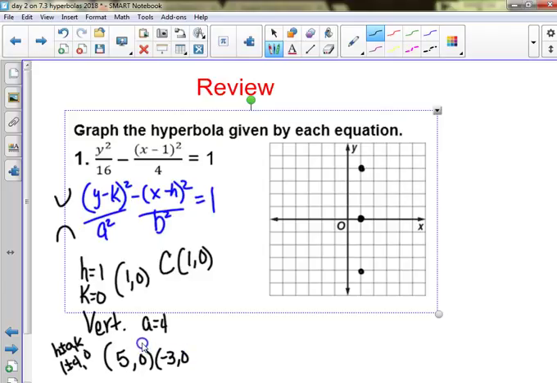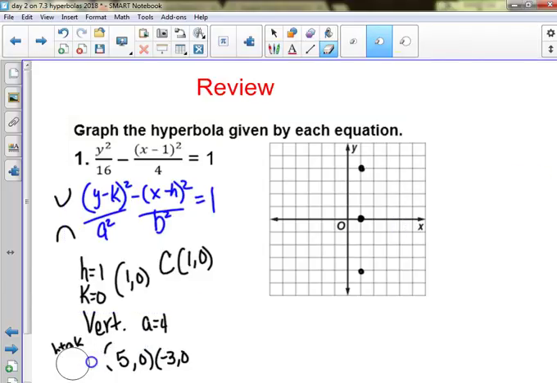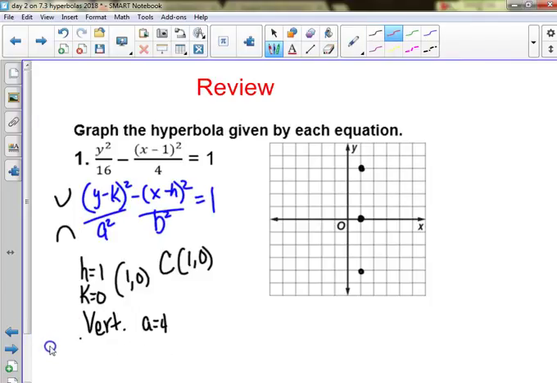Oh, yep. I totally wrote this wrong. I graphed them right. It's going up and down on the y, so it's h comma k plus or minus a, which is what I did. It should be 1 comma plus or minus 4. So the vertices are at 1, 4, and 1, negative 4. I was getting there. Just caught myself.